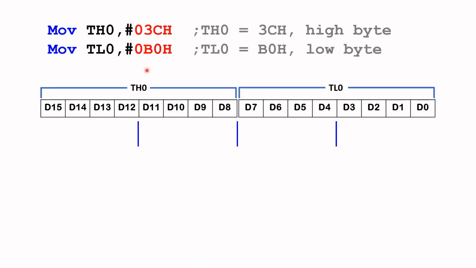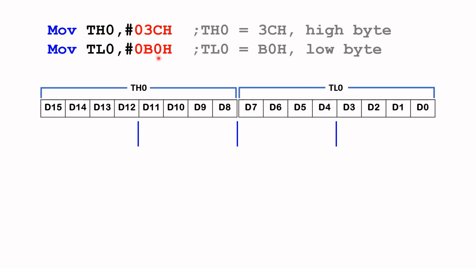And this is how you would program the timer register. So you would copy a certain value, in this case 3C hexa, to the timer 0 high byte: MOV TH0, #03CH. So that will copy this value 3C hexa into this register.